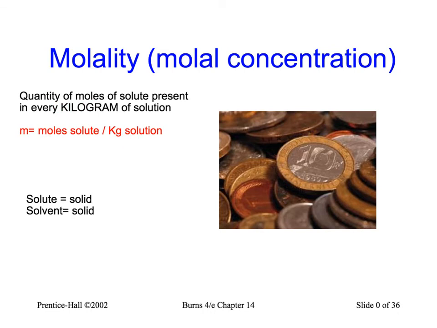Where do we use this kind of concentration? We use it in solid-solid solutions. Do you remember what's the name for this type of solutions? They are alloys. So when the solute is a solid and the solvent is also a solid, we usually do calculations with molality.